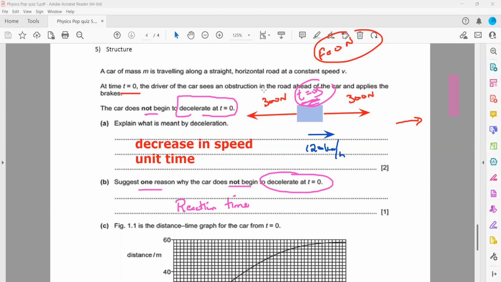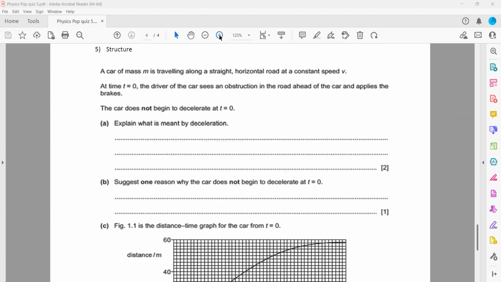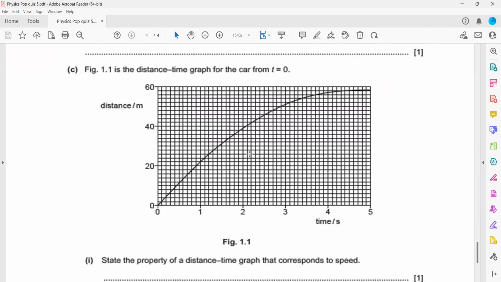So the reason is that the driver takes time to react. It is natural that if a person driving a car sees an obstruction or a road blockage, he will take time to react, and that time is known as the reaction time. During the reaction time, as no brakes are applied, the car won't decelerate.